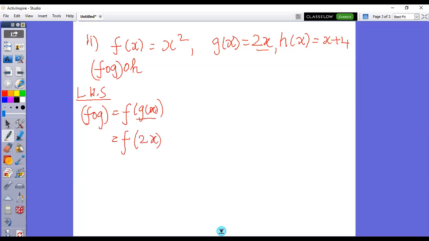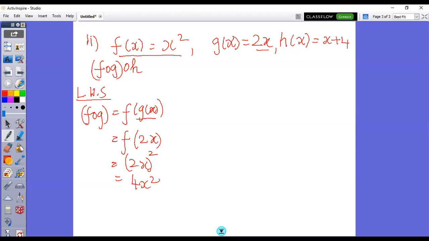Next, write F of 2x. F of X, substitute 2x. So 2x the whole square equal to 4x square. 2 2s are 4, then x square.